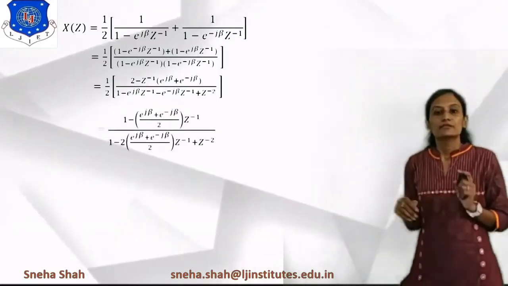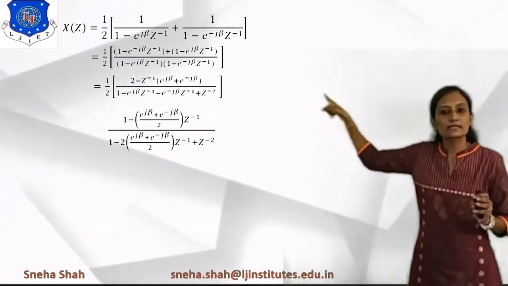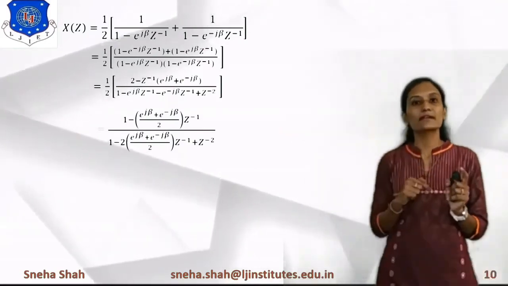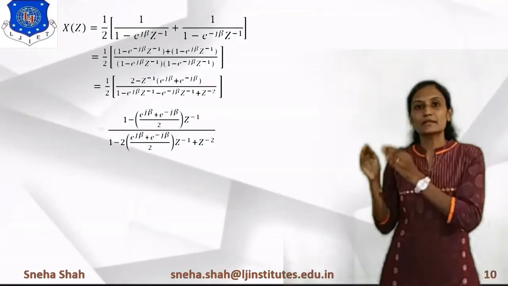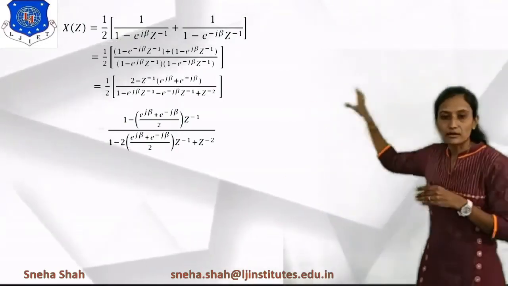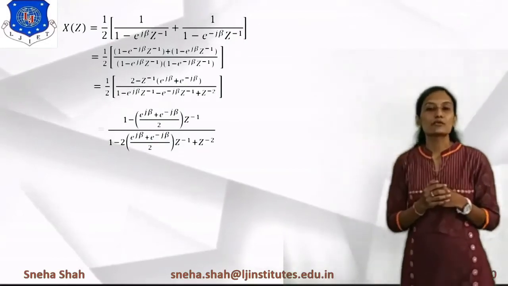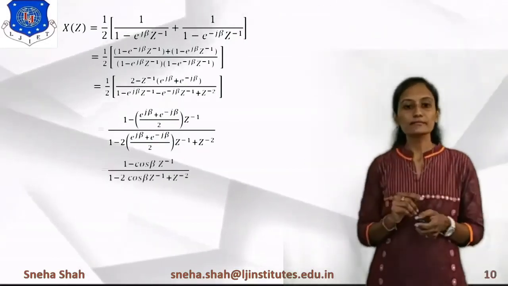If I take its formula, then you can see that this 1 by 2 is given to the numerator. So 2 divided by 2 means 1, minus the second part, which converts in terms of z inverse times e raised to j beta plus e raised to minus j beta divided by 2. So this formula will convert in terms of cos beta. Similarly, we will do the same for the denominator part.